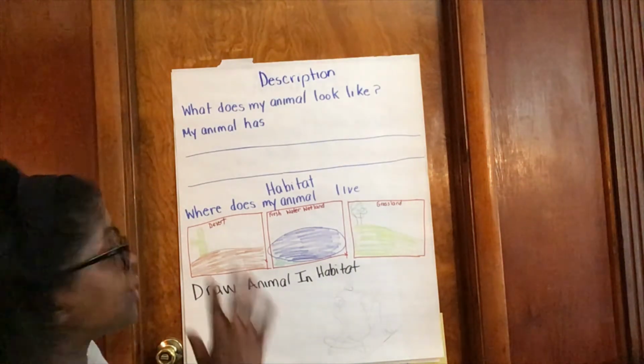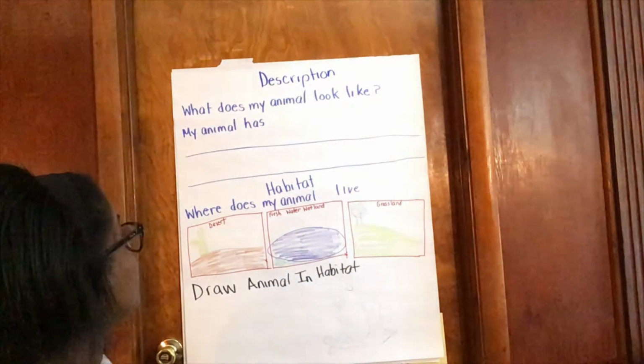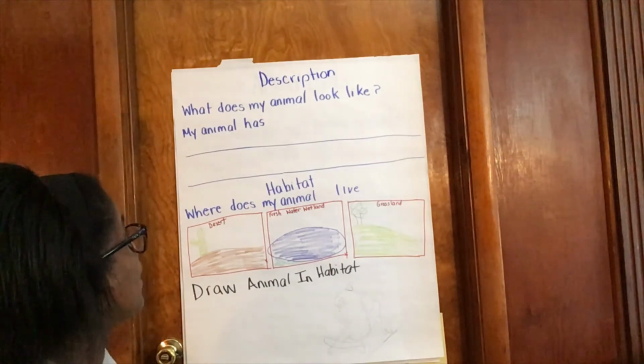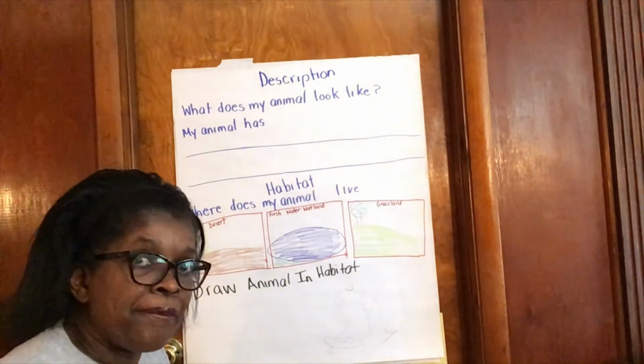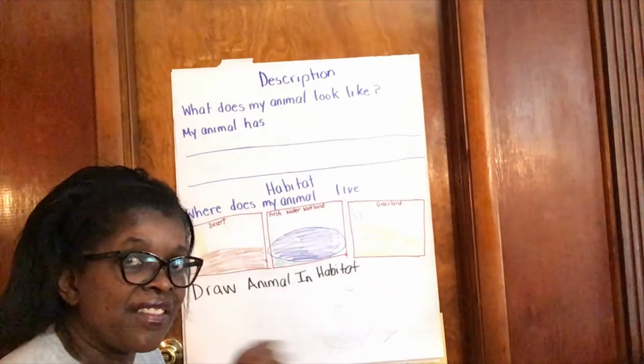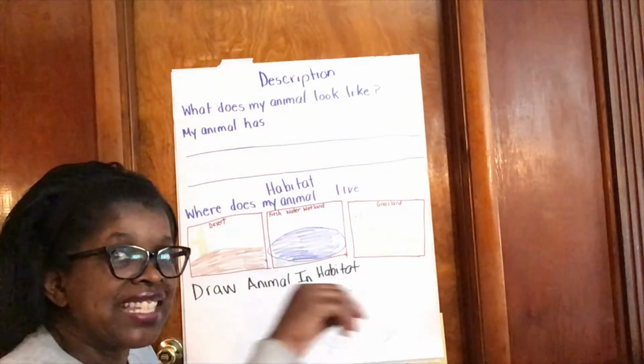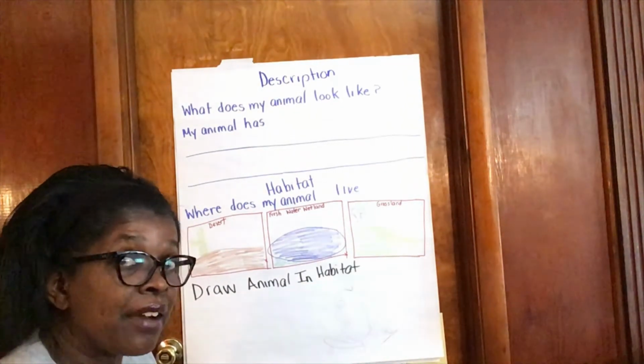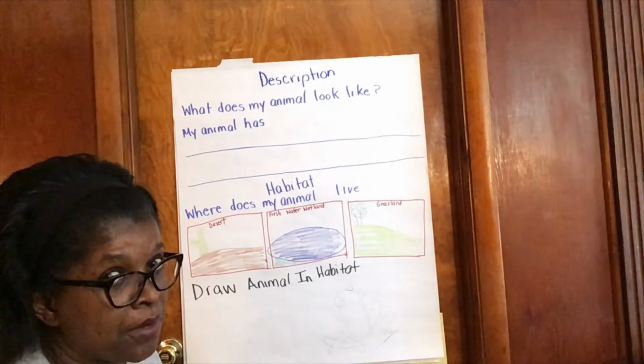So now, since I picked out my animal, I'm going to say, what does my animal look like? My animal has. Now, my favorite part of a frog is the sticky tongue. The sticky tongue that reaches out and snatches in flies, arachnids, or that's another word, fancy word for spiders.